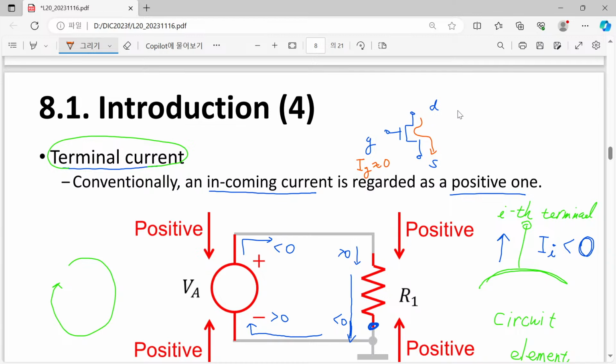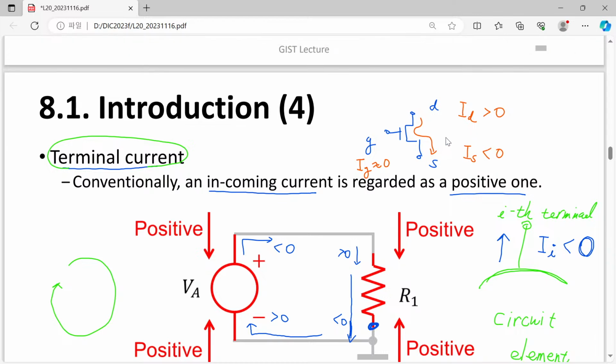Then what happens? If we have positive drain current, then we have negative source current. If we neglect even the body substrate current, then they will have the same magnitude and the opposite sign. Okay, so that is the case.